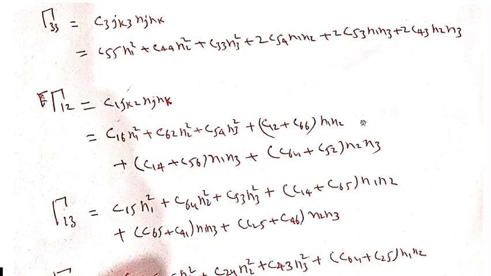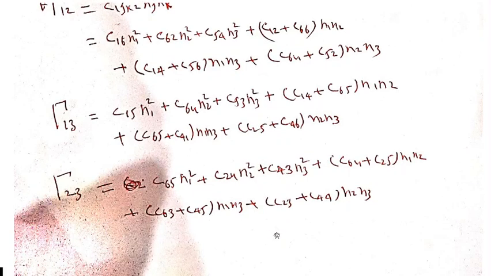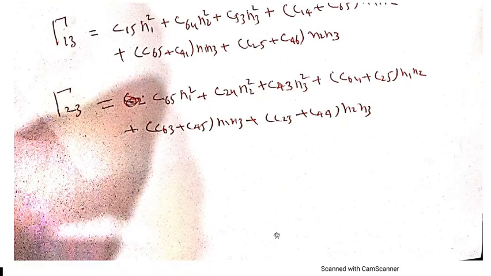So it will have 6 independent components, and with the help of those 6 you can write the other 3 components. The diagonal will remain the same, and you will write the off-diagonal components with the help of symmetry. This is gamma 1 3. This is gamma 2 3. These are the 6 independent components of gamma.